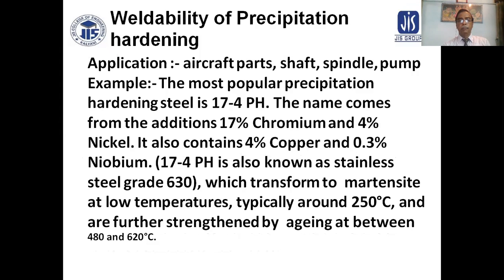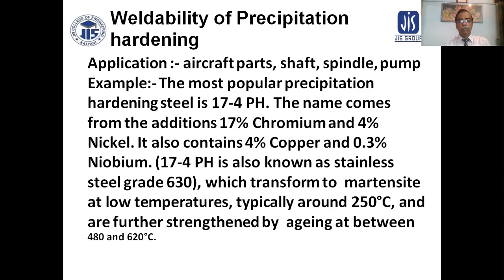Weldability of precipitation hardening steel. It is called 17-4 PH stainless steel. Applications: aircraft parts, shafts, spindles, pumps. Example: the most popular precipitation hardening steel is 17-4 PH. The name comes from the addition of 17% chromium and 4% nickel.